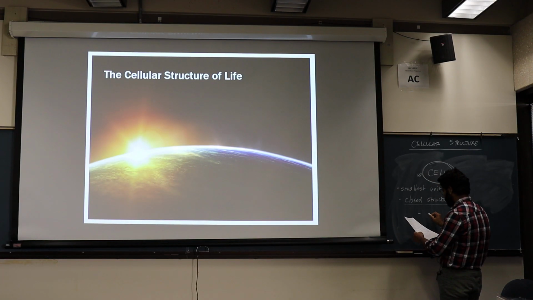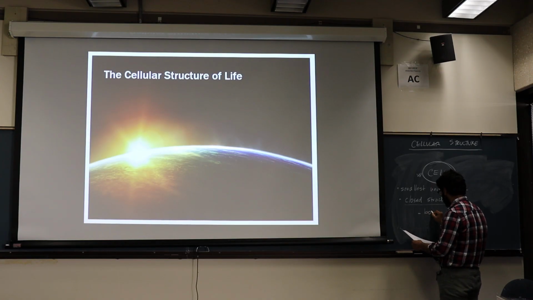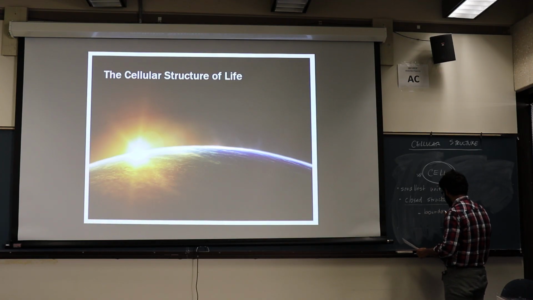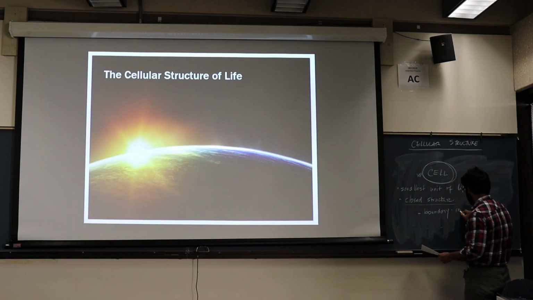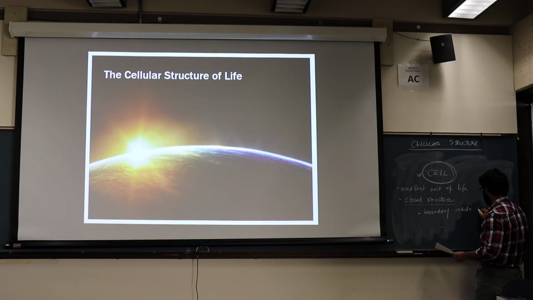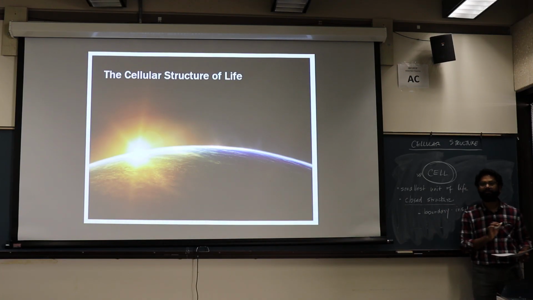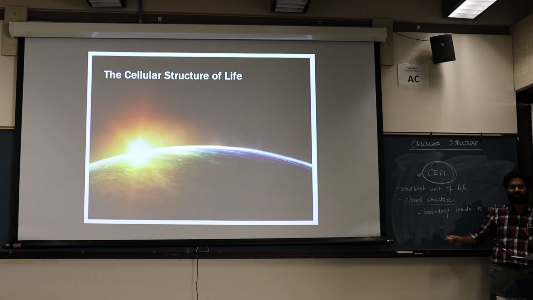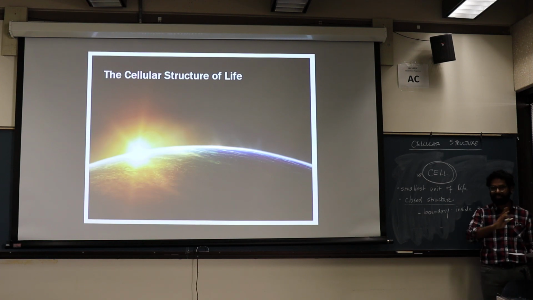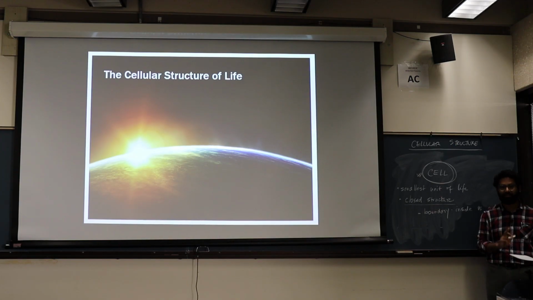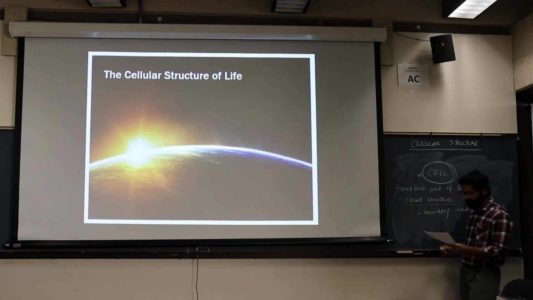Okay? Without this boundary, you cannot have life. You need to create this boundary somehow. We have not seen any life form that does not have a boundary. There is always an inside and an outside in a cell.